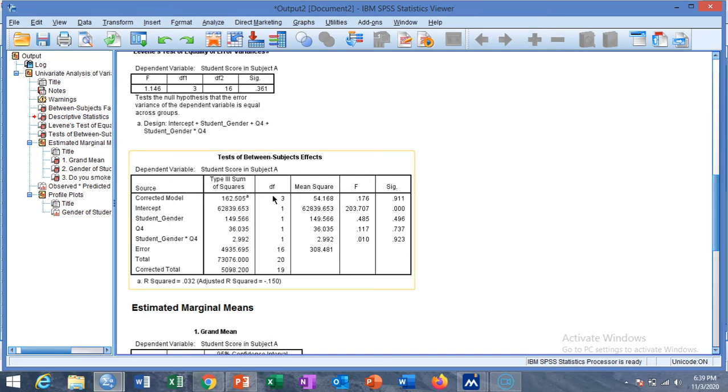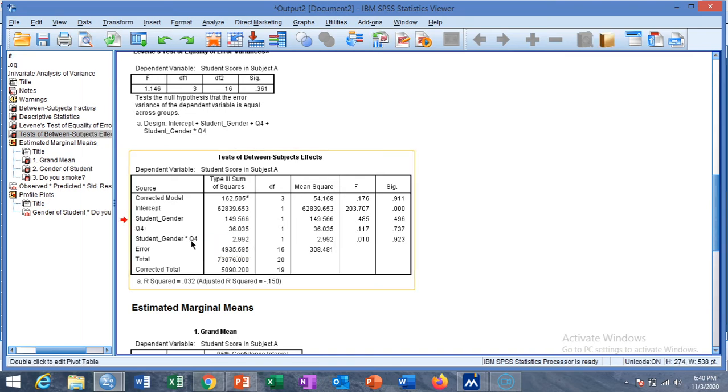And this is basically your analysis of variance table, and you need to report the sum of square for student gender, which is this with 1 degree of freedom, and this is the mean sum of square, and this is the F value, and this is the p value, and this is the sum of square for the second factor, which is student smoking preference, and you can also include the interaction.